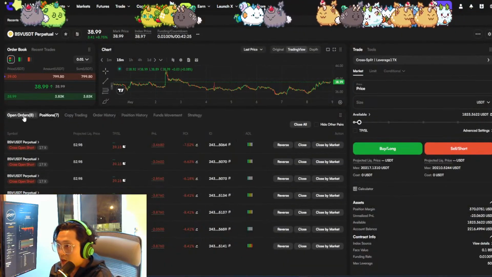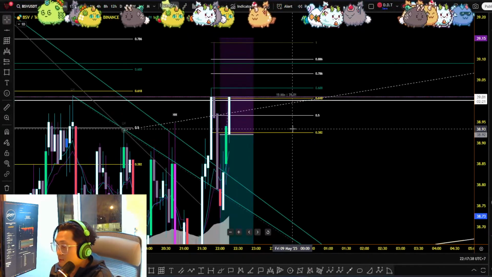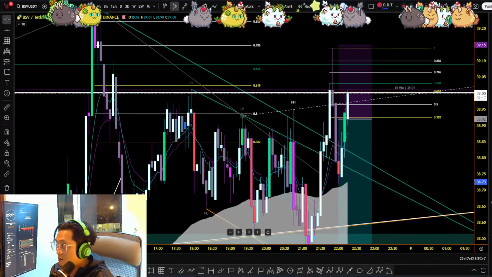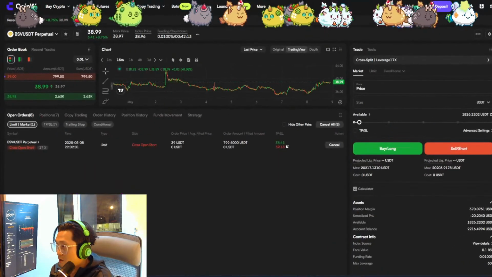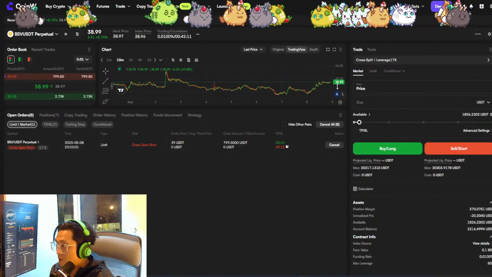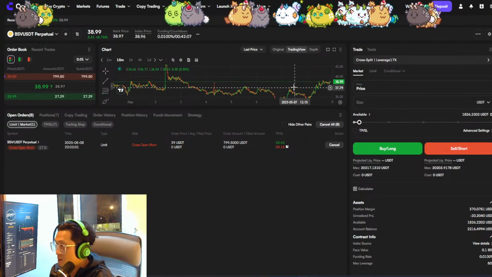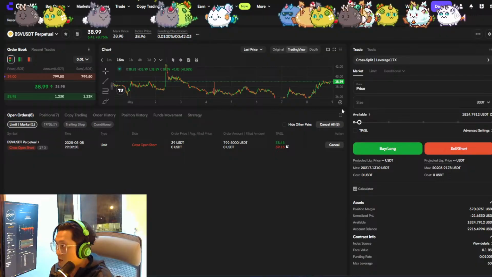We got the limit 39 in here. Okay, 39 hit in here. Do I got it? No, still not. How much here? 38.99. Still no one selling here. In CoinW, still 38.99.